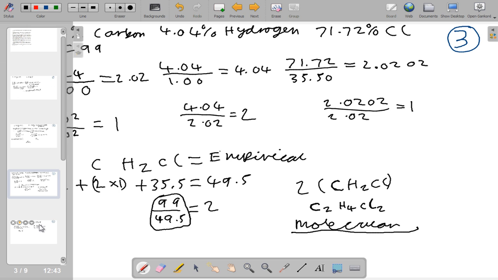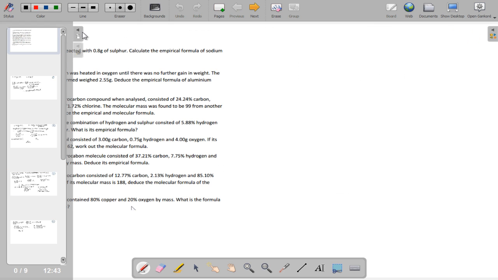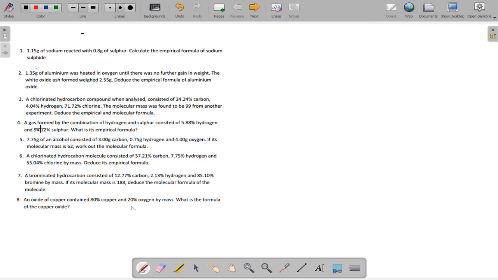And moving on to question 4. A gas formed by the combination of hydrogen and sulfur consisted of 5.88% hydrogen and 94.12% sulfur. What is its empirical formulae?